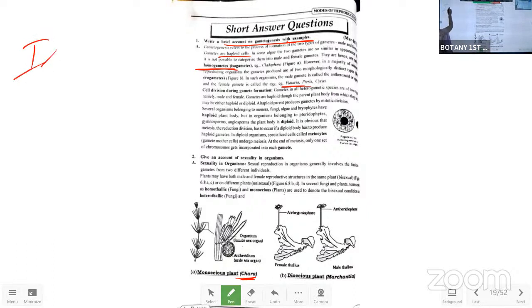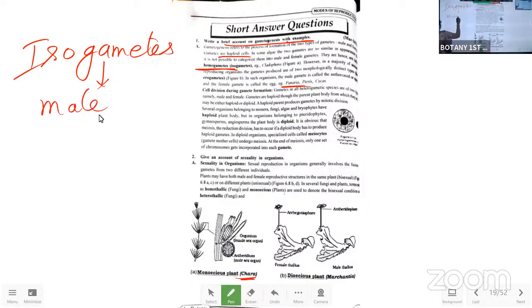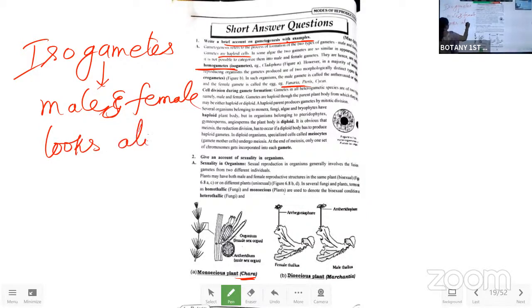Otherwise, isogametes. When male and female gametes look alike, that is the isogametes. Example, Cladophora.